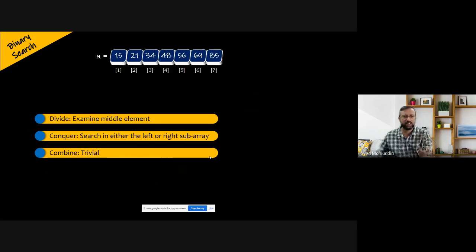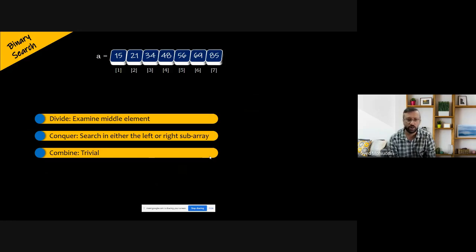Now in this case, combining is trivial because we don't have any result that has to be combined. If it is found, we just say we have the solution, and then we give the result, that it is found or it is not found. So the three phases are divide, conquer and combine. The divide part is to examine the element.